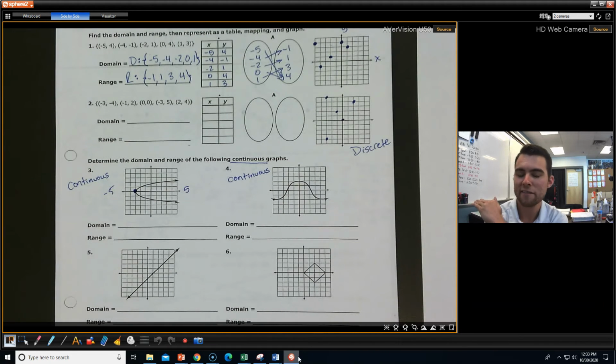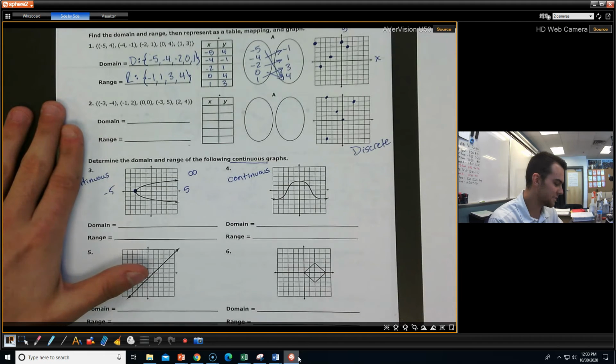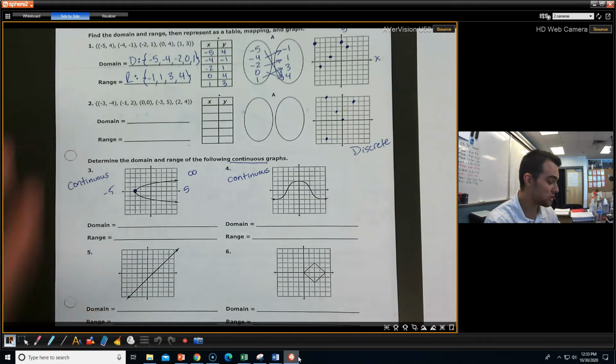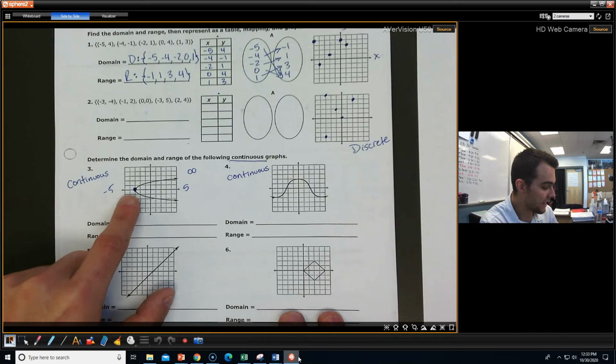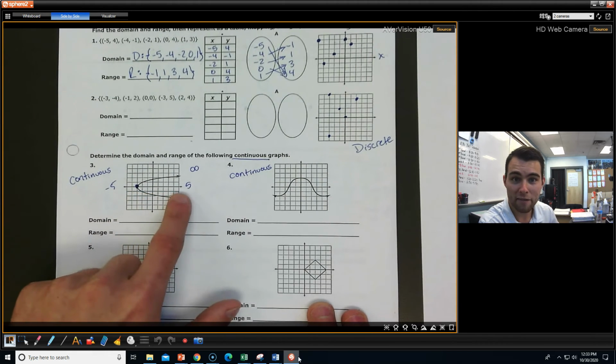So the idea of forever is called infinity, actually. And remember, the infinity symbol looks like this. So what we could do to show the domain of this is we could say that the x values are all going to be greater than -5, right?